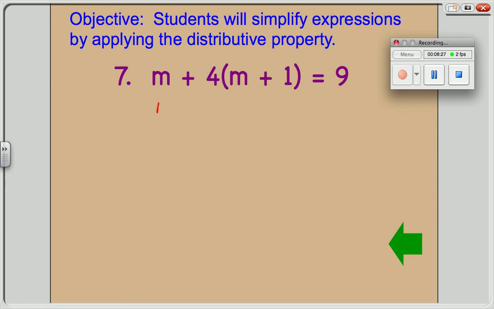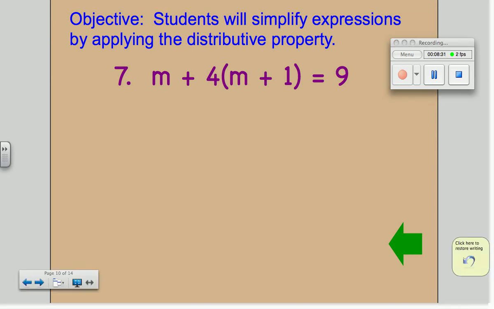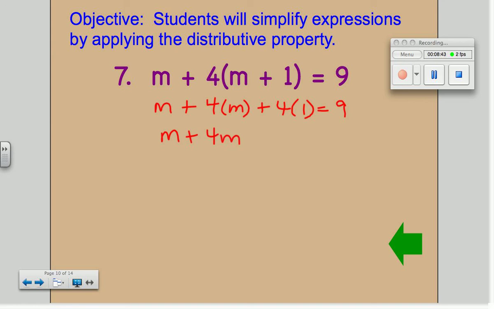And, hold on a second. Plus 4 times m plus 4 again times 1 equals 9. M plus 4m plus 4 equals 9. Combine like terms this time.